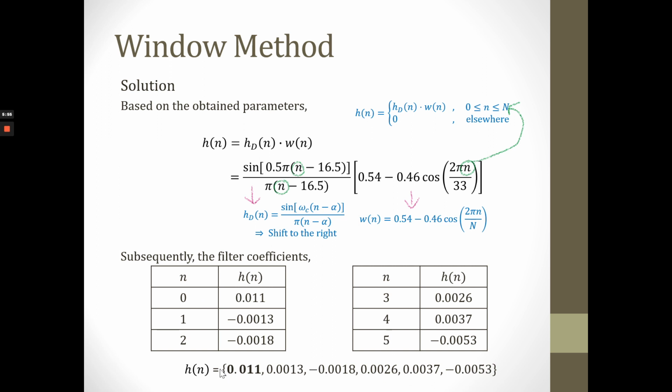And the last one, we write the h(n) in terms of this format, while the bold one is for h(n) with n equal to 0. If the question requires to calculate the FIR filter for lower or higher values of N, equal to 3 or N equal to 7, 9, 11, just substitute the N value in this part for h(n).